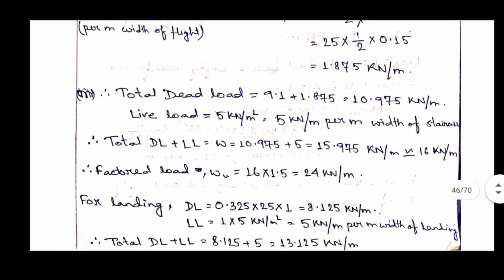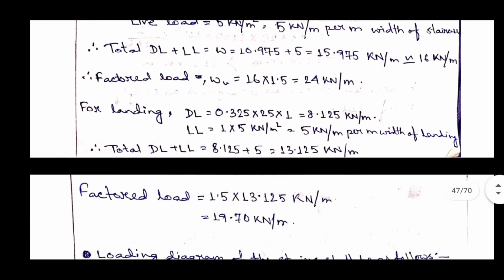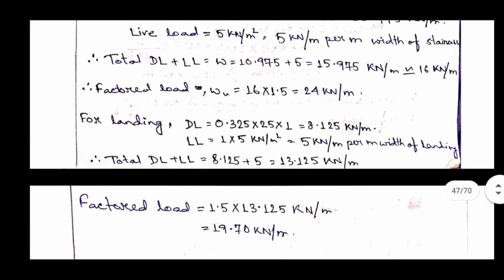So total load is dead load plus live load, that is equal to 8.125 plus 5, that is equal to 13.125 kilonewton per meter. So factored load will be 1.5, that is load factor given in table number 18 of IS 456 2000, into that total load 13.125 kilonewton per meter, that is equal to 19.70 kilonewton per meter. So these are the loads.